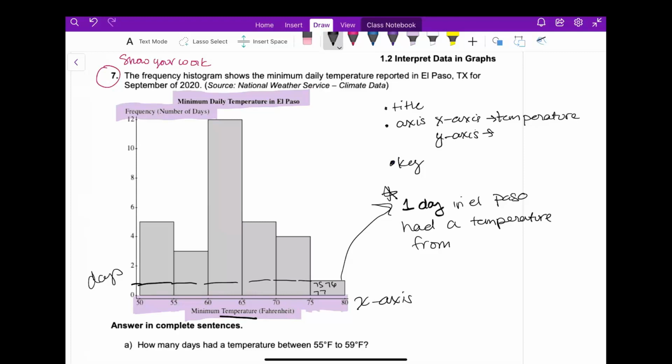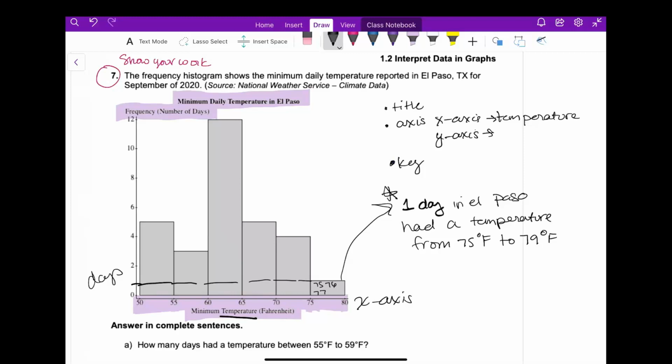So what I have to give you instead is a group of numbers from 75 degrees Fahrenheit to, and I'm going to say 79 degrees Fahrenheit, not 80, because that 80 belongs to the next bar, okay? Be very cautious in not saying 80. One day in El Paso had a temperature from 75 to 79 degrees Fahrenheit.